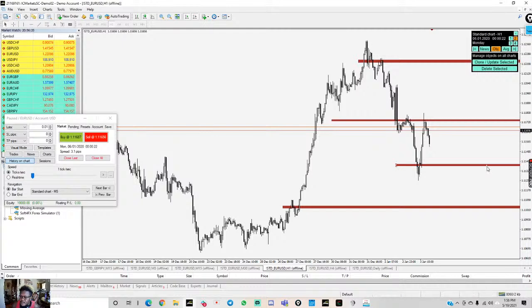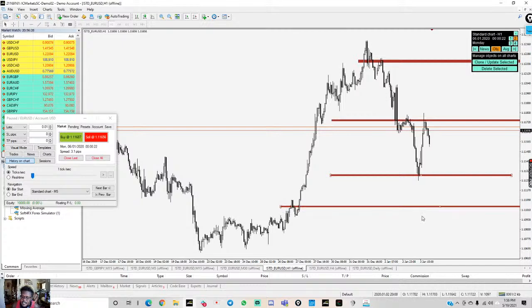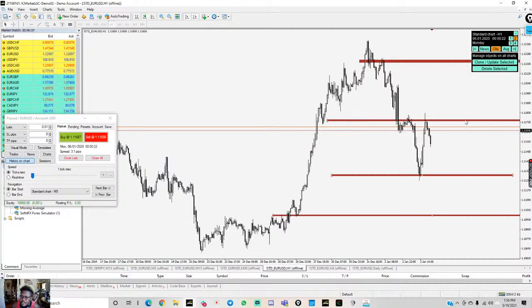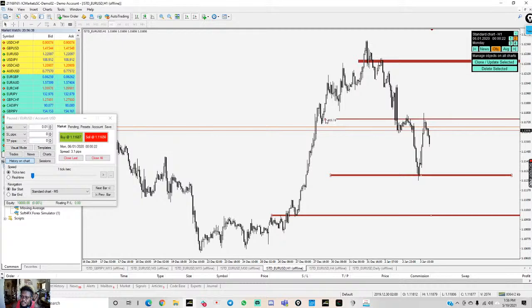Alright, so again you see that we have a 1-hour support here, and if we break the 1-hour support, the potential is there to push all the way back down to this level right here. And this 1-hour resistance pretty much aligns with our H4 resistance just the same. So we can make a bit of adjustment to this. You want to make the zone as clean as possible. So let's make some adjustment to this.